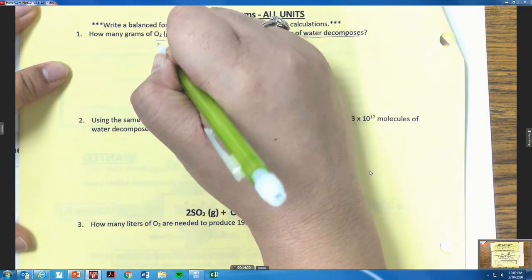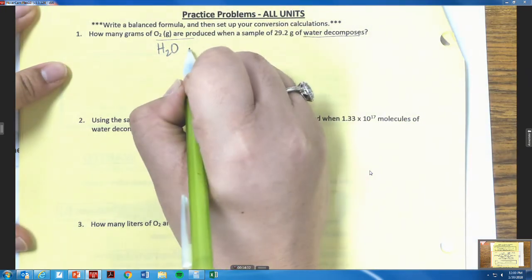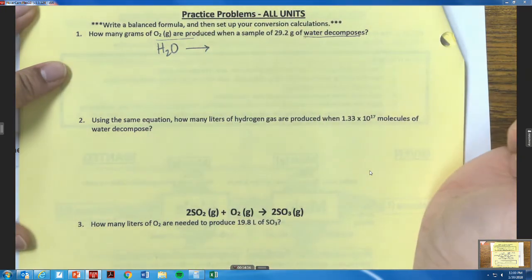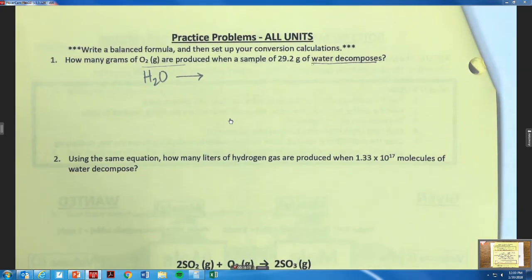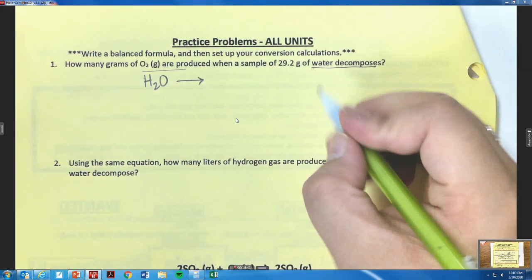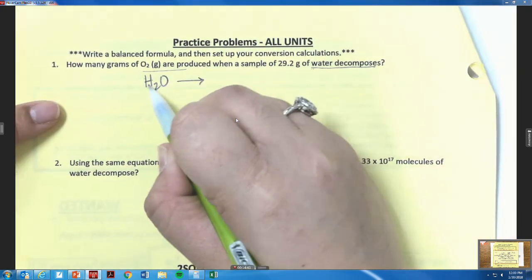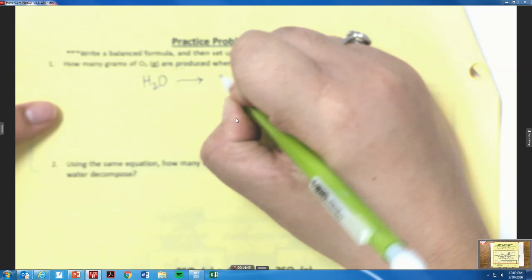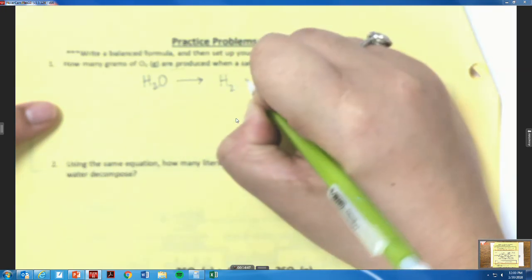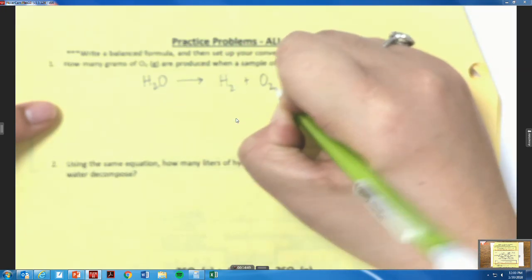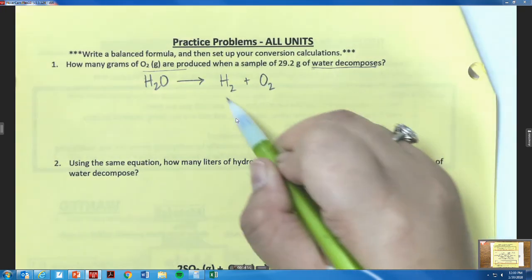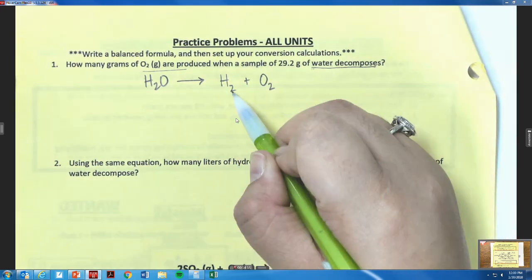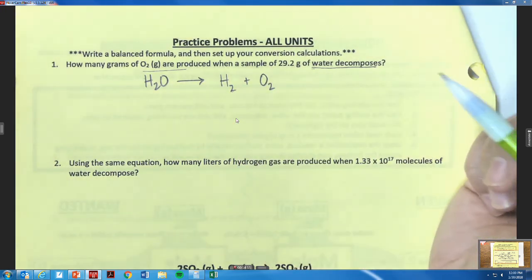Water is H2O, and if you remember what decomposes means, it means that we are breaking apart. So the only way to break that apart is to separate hydrogen and oxygen. Remember that hydrogen is a diatomic, oxygen is a diatomic, and when they are alone, they need that subscript.